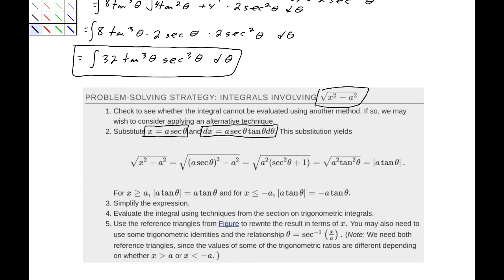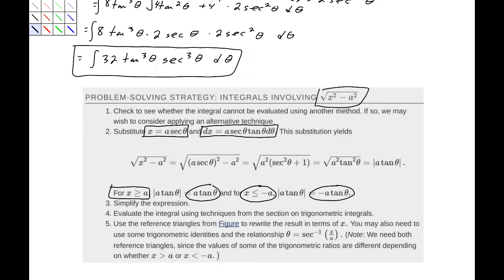Okay. Now, a thing to point out here is that we actually have something different depending on the value of a. If x is greater than or equal to a, then we get a tangent theta as the answer to our square root when that simplifies because of the absolute values. If x is less than or equal to negative a, then we actually get negative a tan theta.